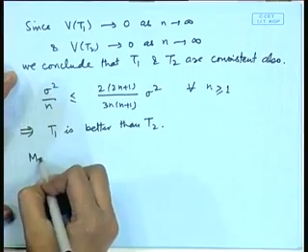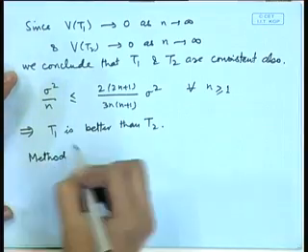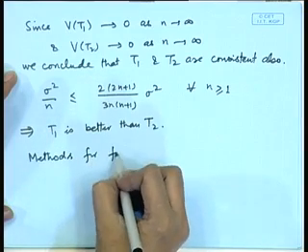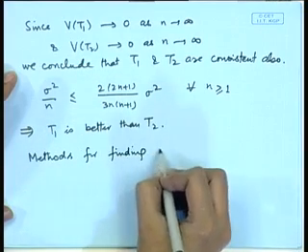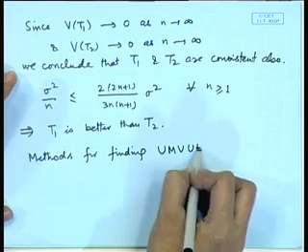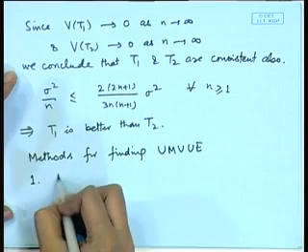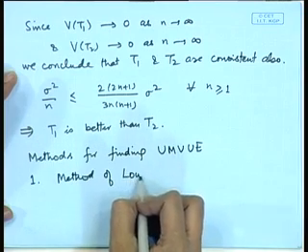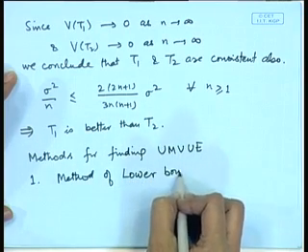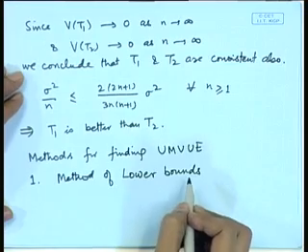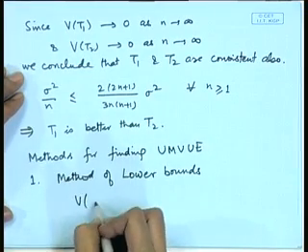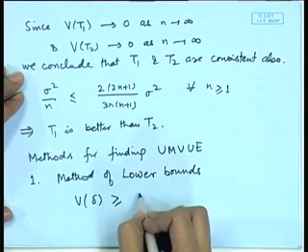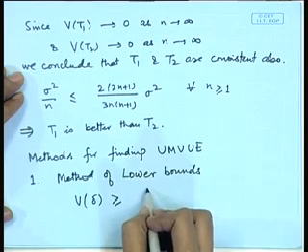There are two methods for finding the UMVUE. One method is the method of lower bounds. Under certain given conditions, the variance of an unbiased estimator is greater than or equal to a prescribed number.